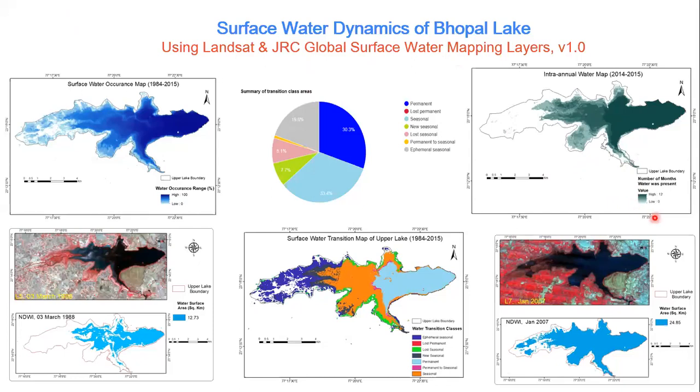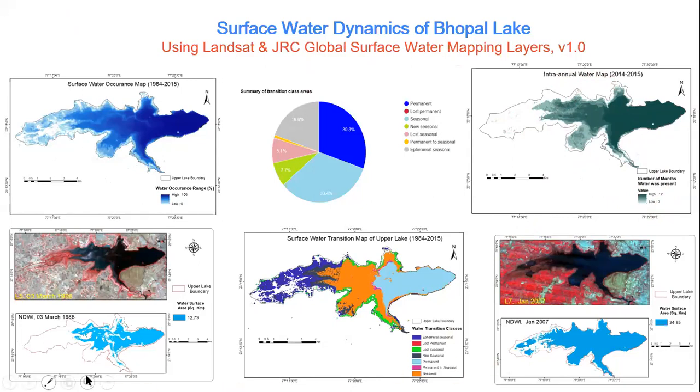In this map, you can see that it is the intra-annual water map. The value of this pixel is 12 and the value of this area is 0. That means this water body is available in 12 months of the particular year, while going from east to west, the water availability is decreasing, because in this portion generally seasonal water is available.